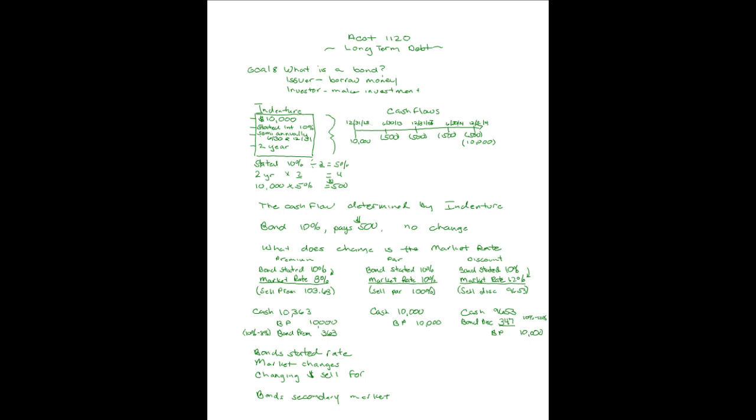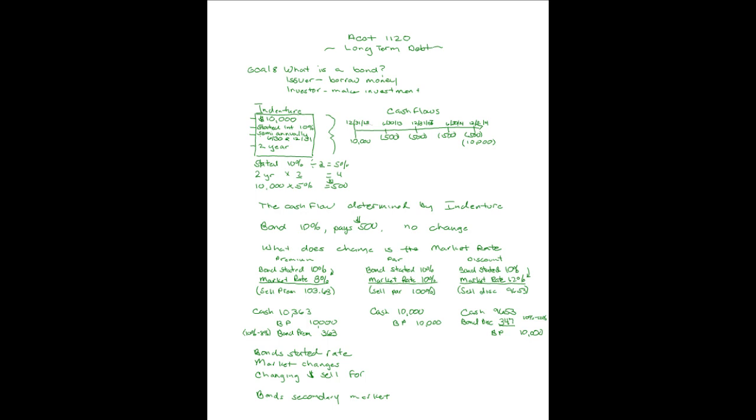My bond indenture says it's a $10,000 bond, I'm going to use the same bond all the way through. Pays 10% semi-annually. You get the drill. And you know by now that it kicks out a cash flow stream that's 2 years long, where it pays interest every 6 months.